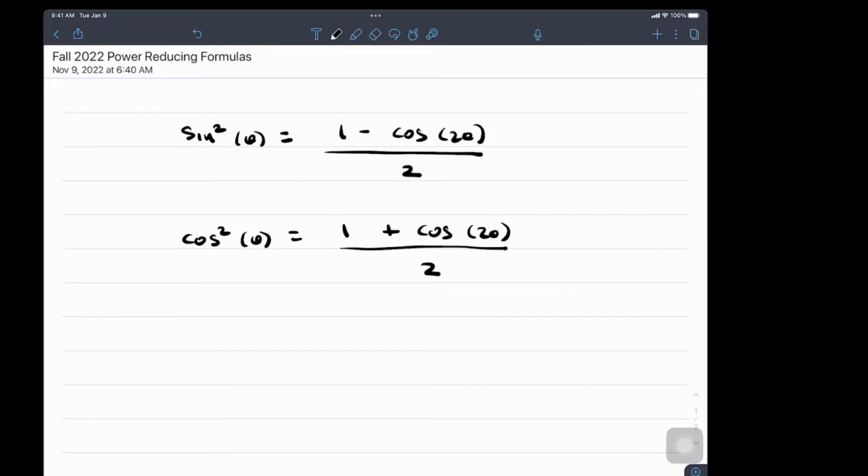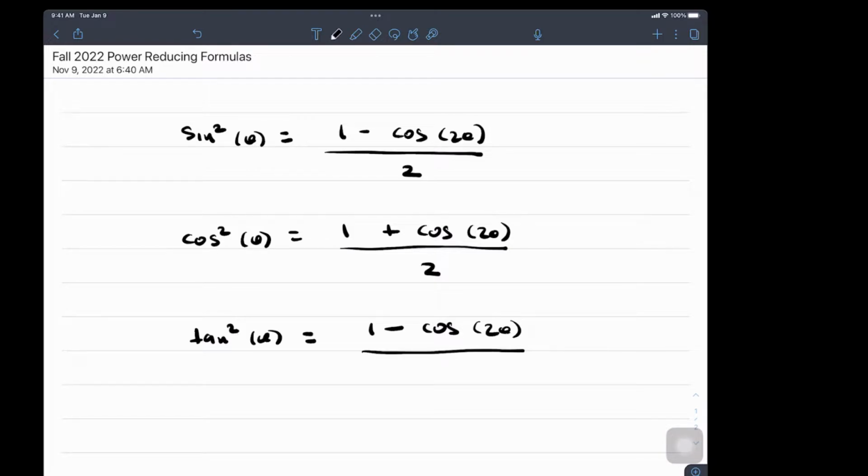You do have a tangent version, but I have to admit I have not used the tangent version in my life, as often as I've used these two, by far. I'll write it down just for consistency's sake. All it is is the ratio of the two that we have above.